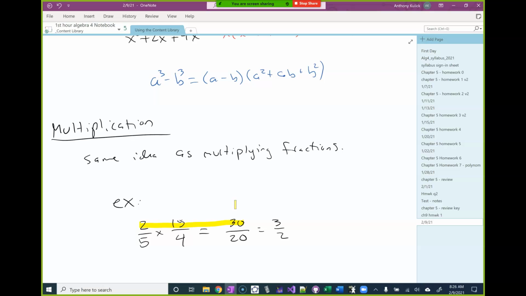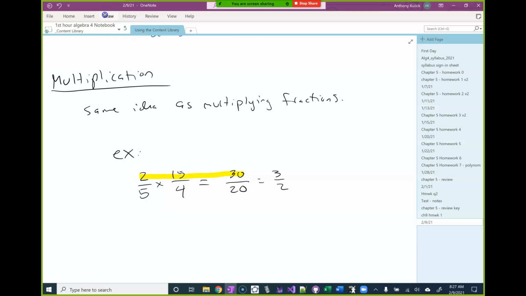No, that's pretty time consuming, isn't it? Because you have to do some big crazy FOIL or draw the grid or something to get that multiplication to work out. You guys remember doing that? So I would prefer to avoid that, wouldn't you guys? The way to avoid that is going to be reducing before we multiply.